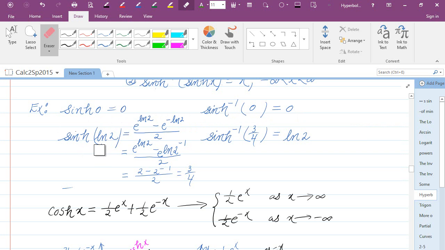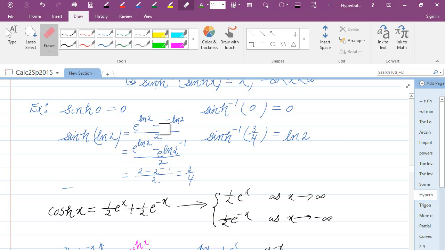Hyperbolic sine of ln of 2, what is that? Well, it'll be e to the ln of 2 minus e to the negative ln of 2, divided by 2. Now e to the ln of 2 is the same as 2 by one of the log properties. Here I have e to the minus ln of 2.